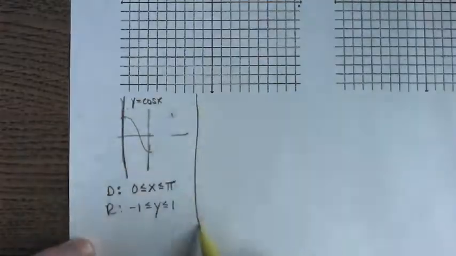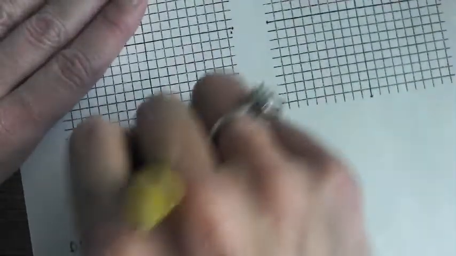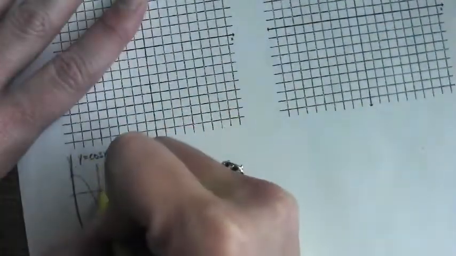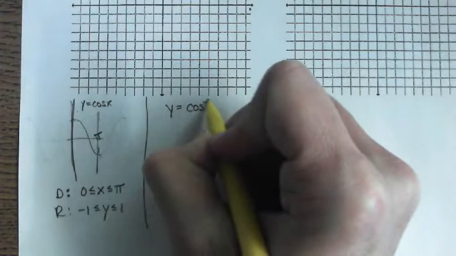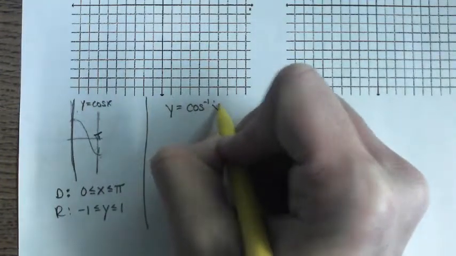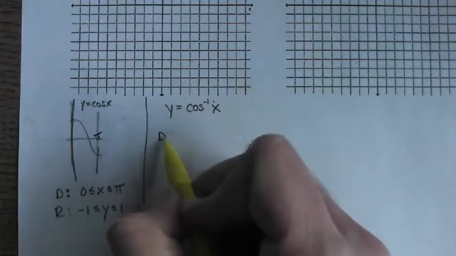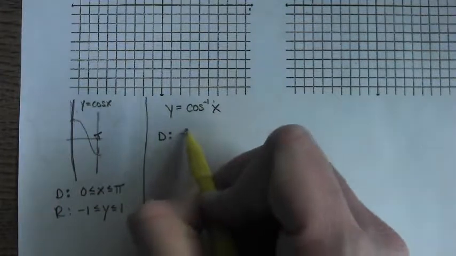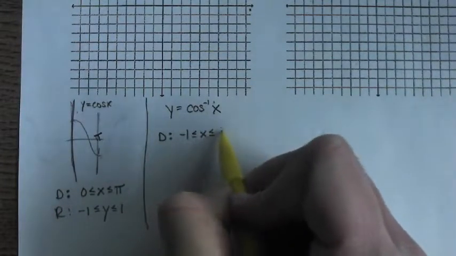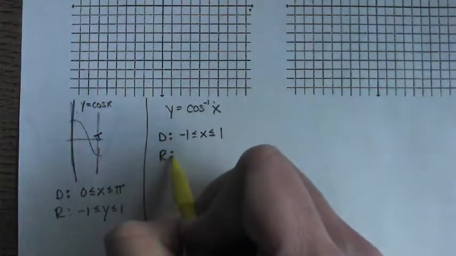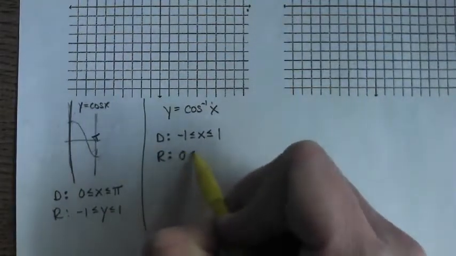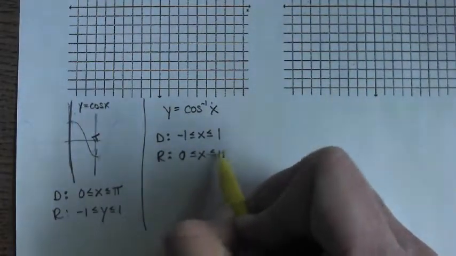So when we get to our inverse cosine graph, what's our domain? Negative 1 to 1. And what's our range? Most importantly, 0 to pi.